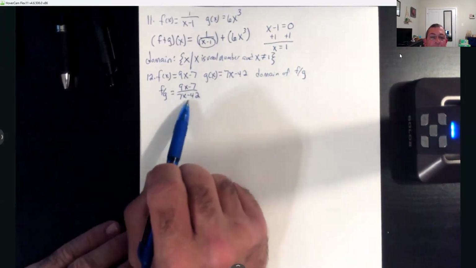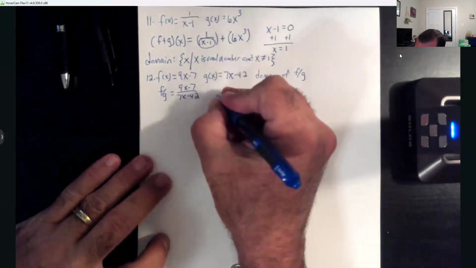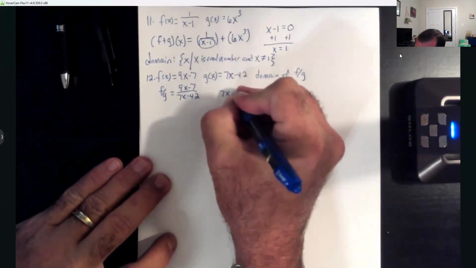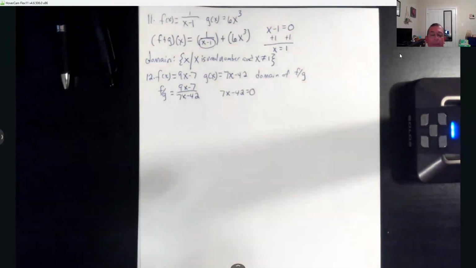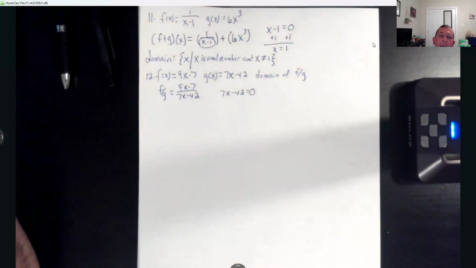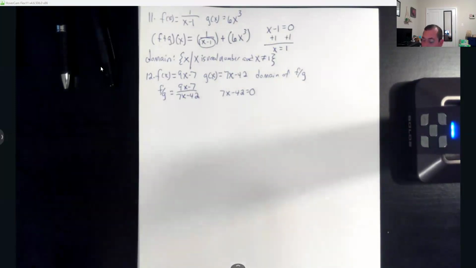So since we do have a denominator with a variable, you would set 7x minus 42 equal to 0. Whatever answer we get, we're going to exclude. So y'all are getting not equal to 6s on those.